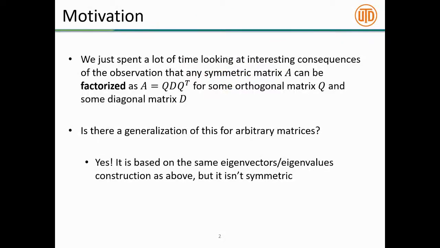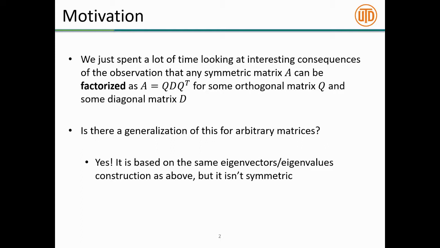Okay. So I think we talked a little bit about the motivation last time, but the idea is basically the same as what we've been doing for symmetric matrices, trying to extend that factorization to more general matrices.